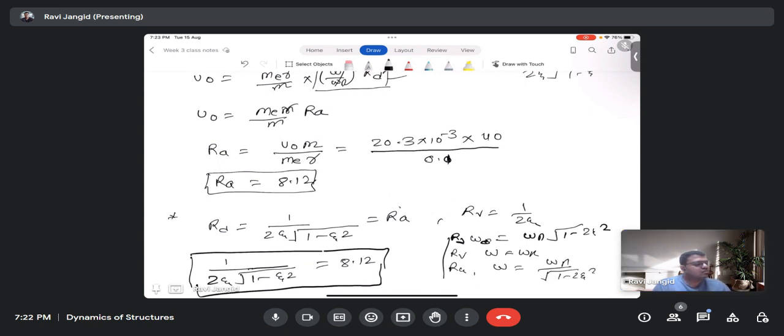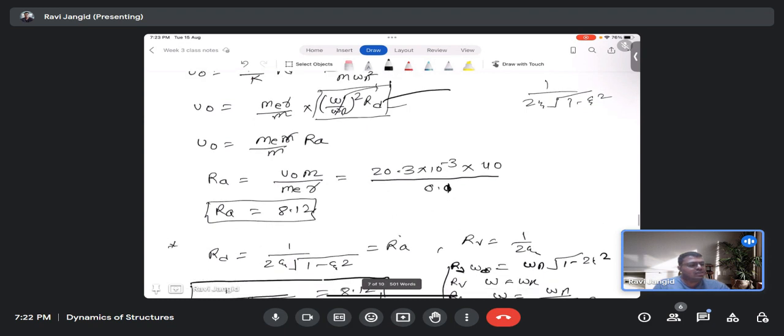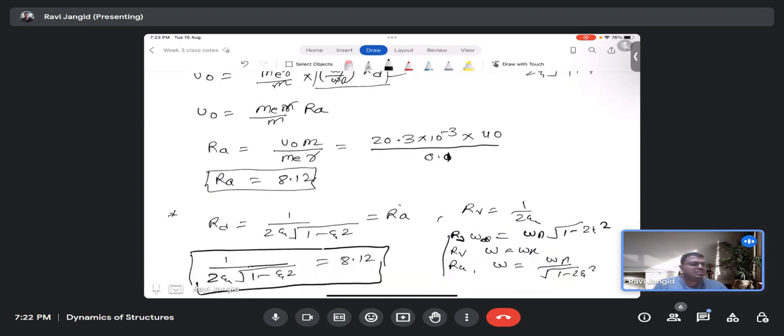This is where I got confused actually. That's why I asked whether they will be the same or different. They are different, but when you do the calculation, putting these values into RA, RV, RD, you will get that RD and RA will be the same.